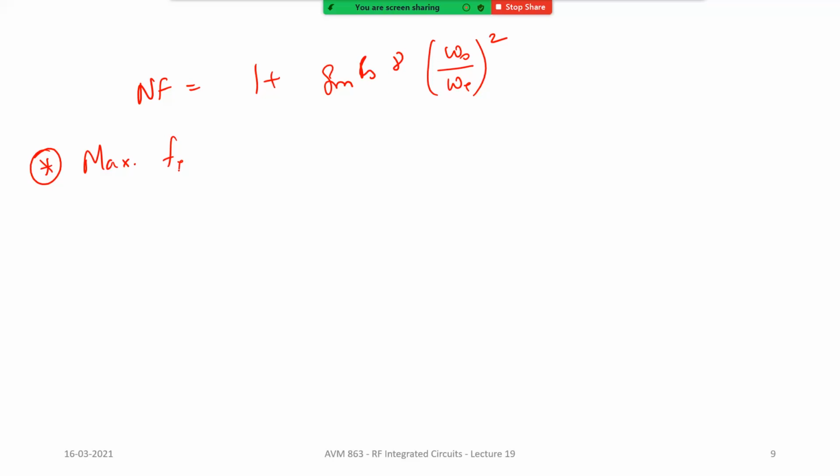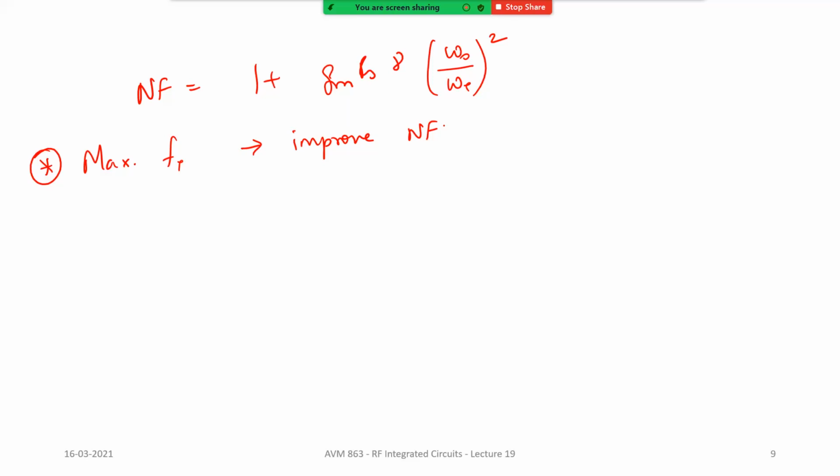If you can maximize the gap between F0 and Ft, you are going to improve your noise figure. Which is why for RF design, it is always good to go to a lower technology node. People like to go to a lower technology node where you can have better FTs, and you will be able to improve your noise figure even better.